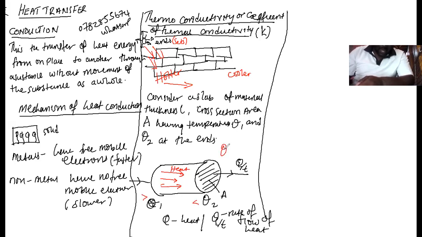So it means θ1 is greater than θ2. So that means, let me call this end P, and the end W. The heat on the end P is greater than the heat on the end W, because the temperature at P is θ1, which is greater than the temperature at W, which is θ2. Okay?